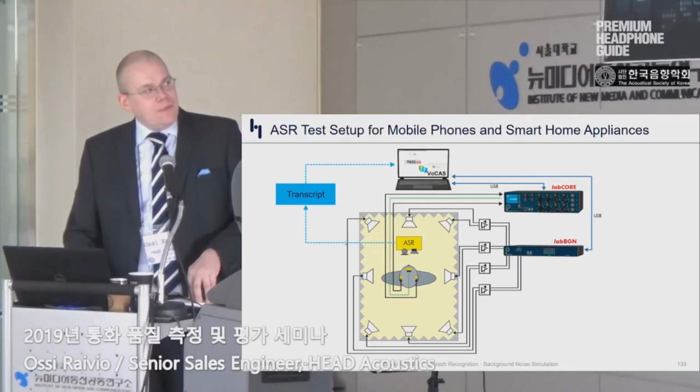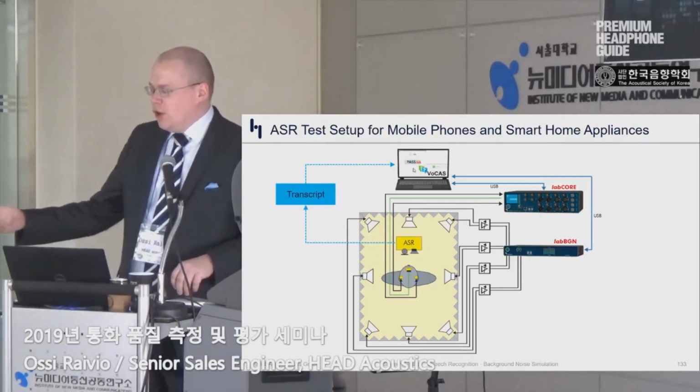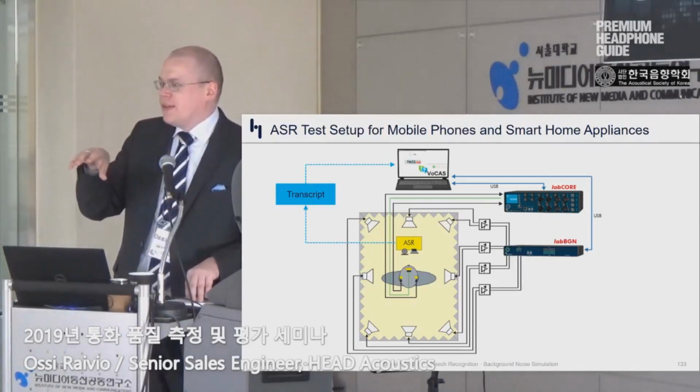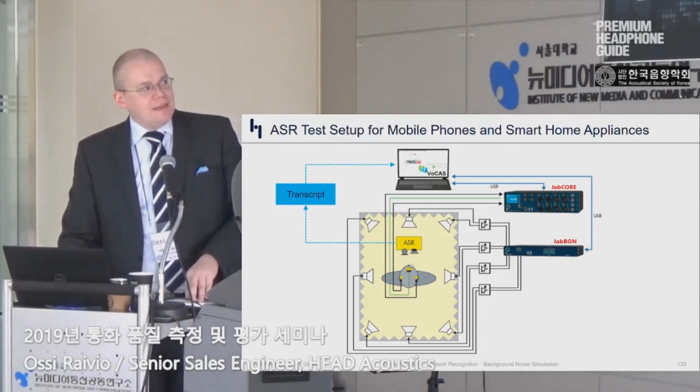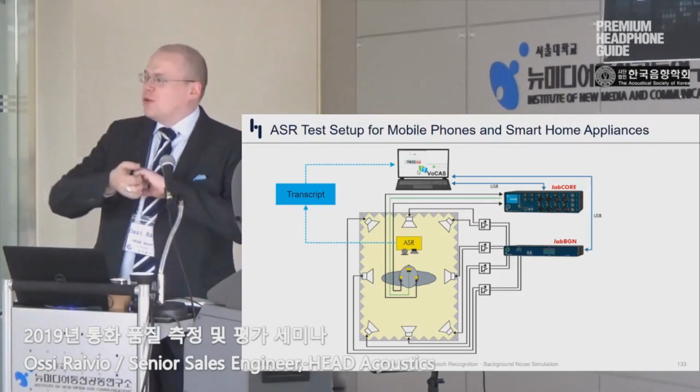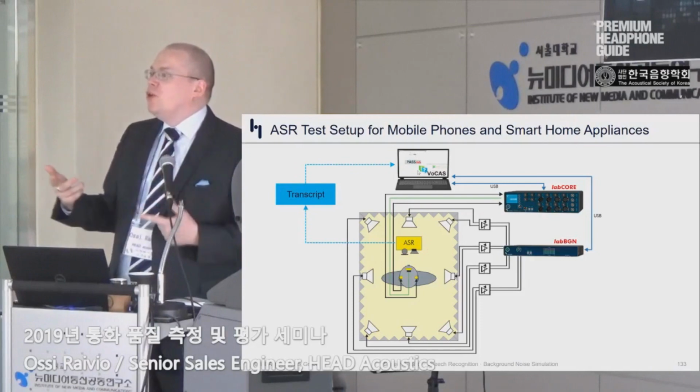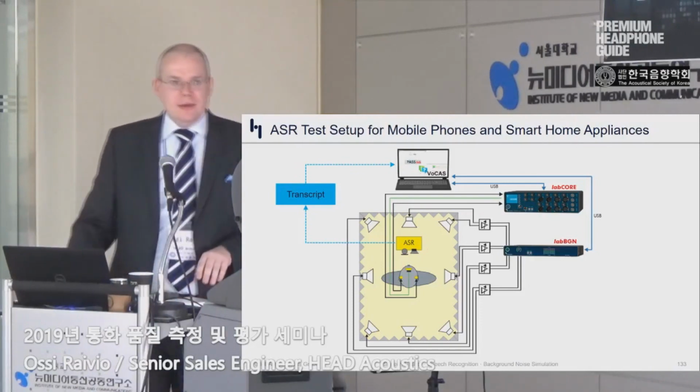And if possible, you are somehow getting the answer from the device. So when the dummy head says, for instance, what's the weather outside, we want to get that "what's the weather outside" as a text string out from the device so that we can compare. This way we can do automated testing.